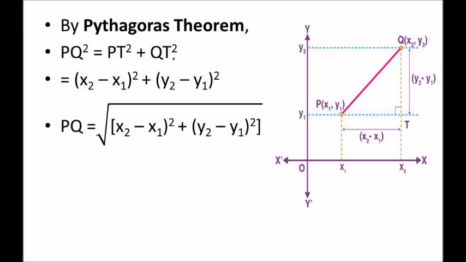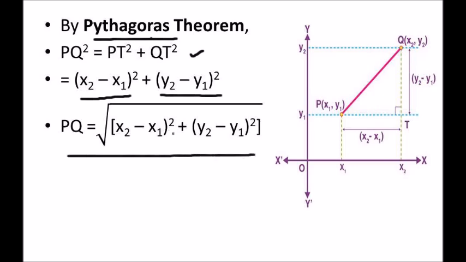By Pythagoras theorem, what is Pythagoras theorem? Hypotenuse square is equal to base square plus perpendicular square. That is PQ the whole square is equal to PT square plus QT square. That is equal to (x2 minus x1) the whole square plus (y2 minus y1) the whole square. That is PQ is equal to square root of (x2 minus x1) the whole square plus (y2 minus y1) the whole square.